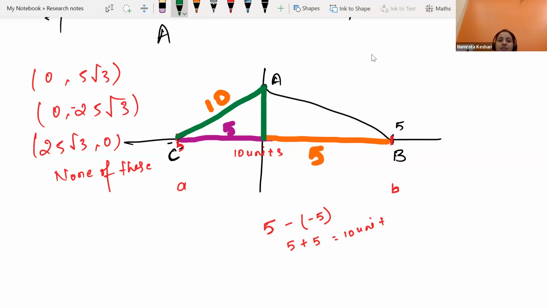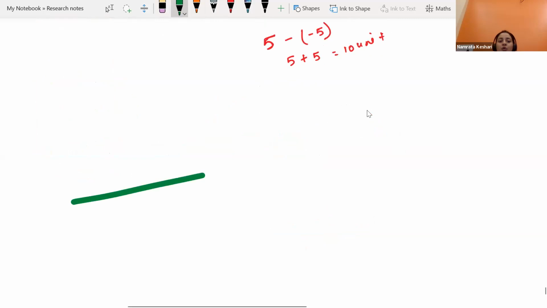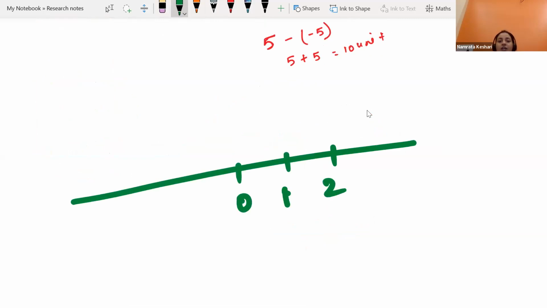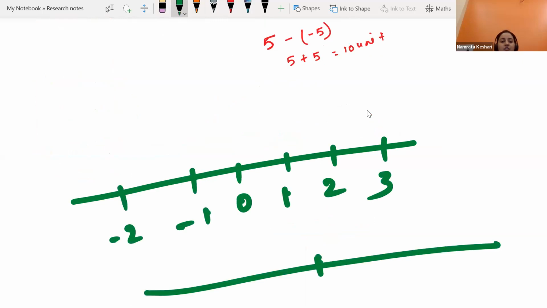Why we can? Because coordinate plane, Cartesian plane हमें ऐसे मिला जब हमने दो नंबर लाइन को लिया. Okay, 1, 2, 3, -1, -2 और एक नंबर लाइन 0, 1, 2, 3, here -1, -2 दो नंबर लाइन को लिया हमने.